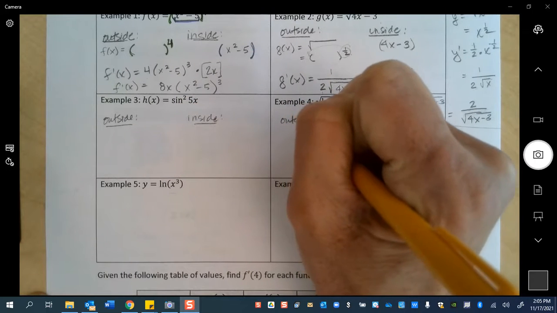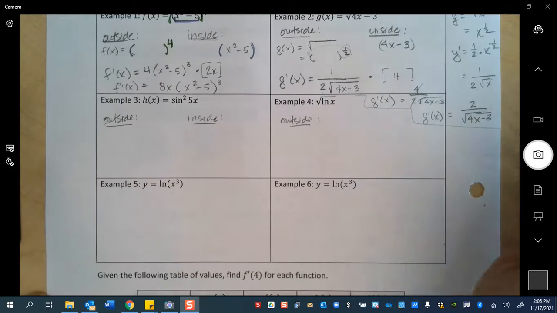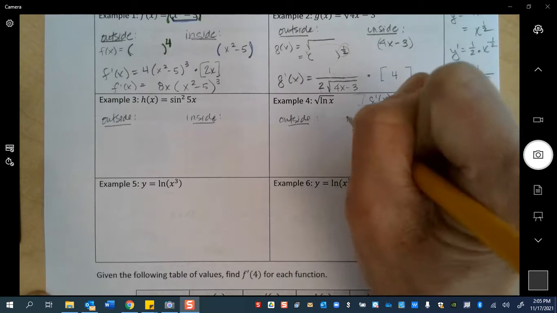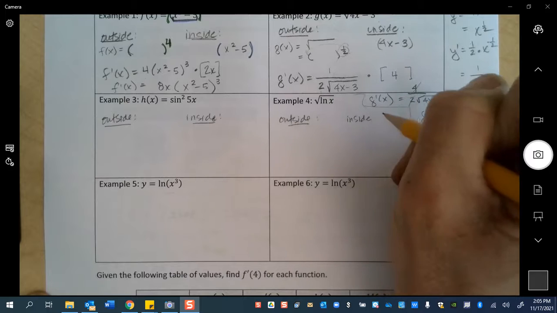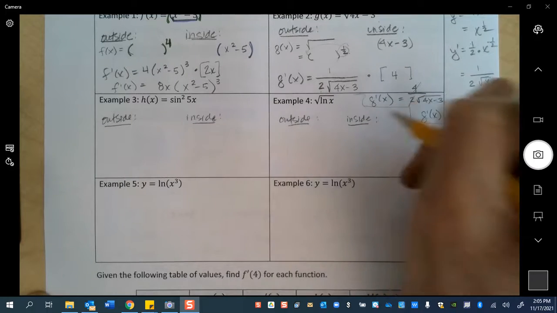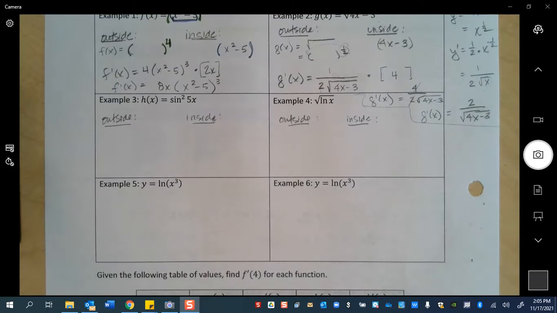So is the outside the sine squared? What, the outside? Let me assess that. Yeah, I think it's negative cosine? Is it cosine? Is it negative cosine? It's negative cosine.